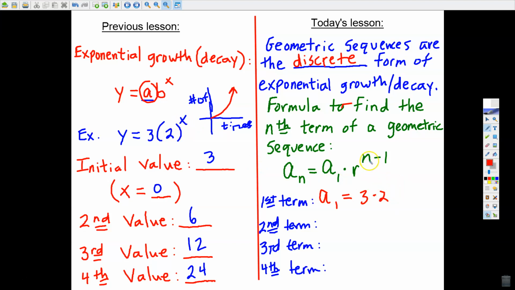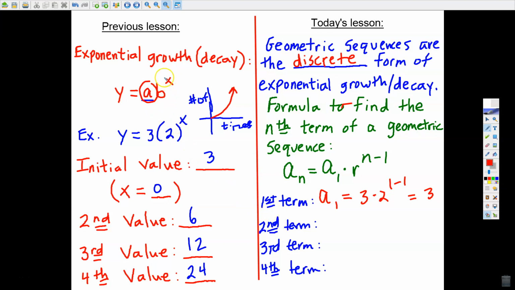And then for finding a particular nth term, the exponent is going to be n minus 1. In this particular case, n is 1, minus 1 gives us 0. So our first term is 3 times 2 to the 0 power. 2 to the 0 is 1. 3 times 1 is 3. The reason for this n minus 1 is, when we're generating the entire list, we want to start with the first term.